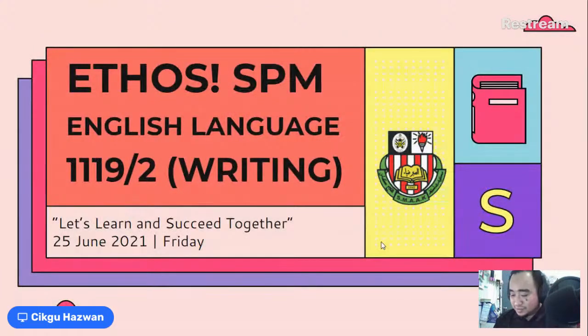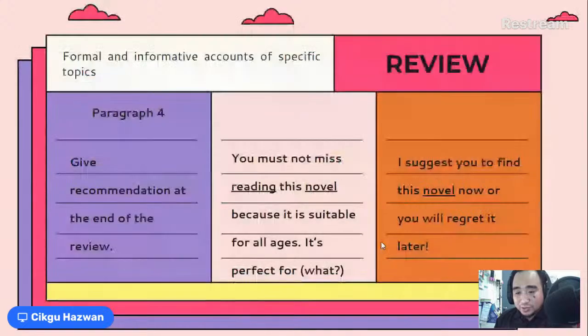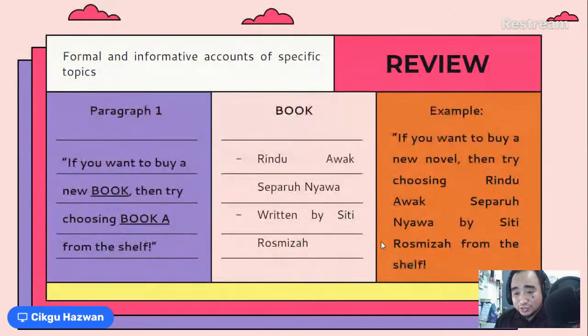So let's try doing this, the introductory paragraph. Kita cuba buat introductory. Let's try doing an introductory paragraph for a movie.